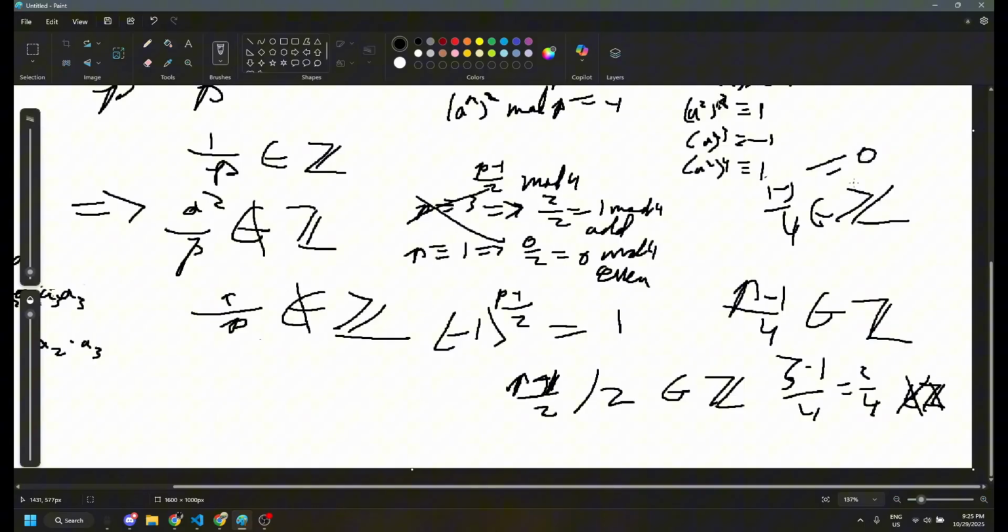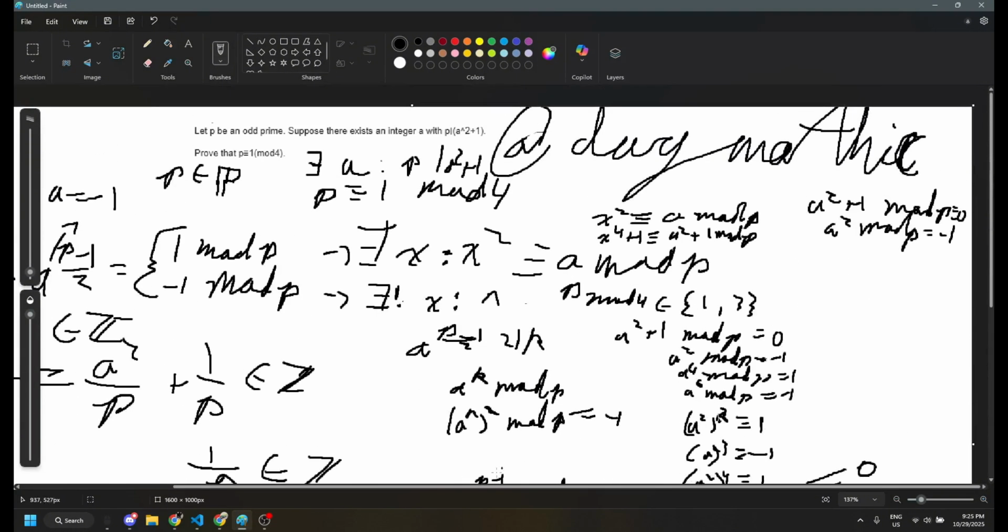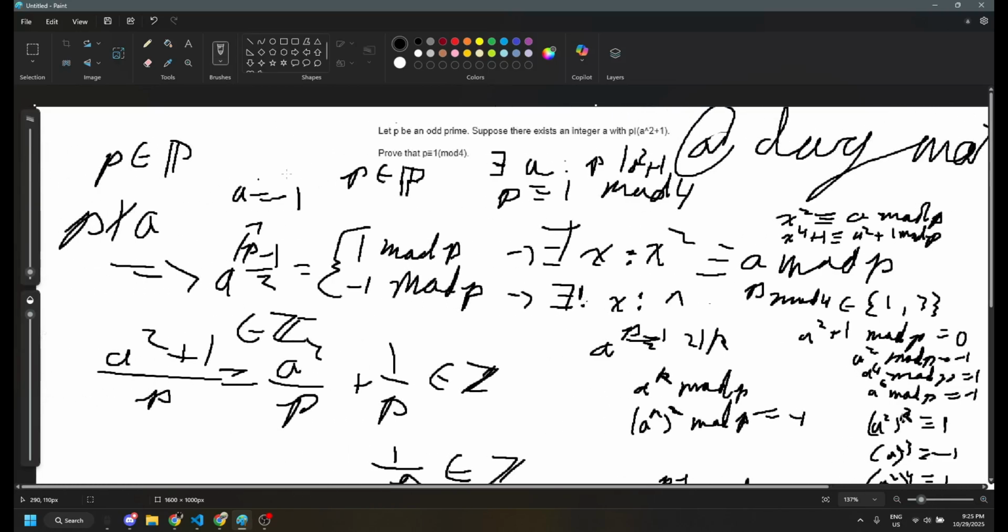So that means that, through Euler's criterion, by rearranging this equation, we see that -1 is a quadratic residue.